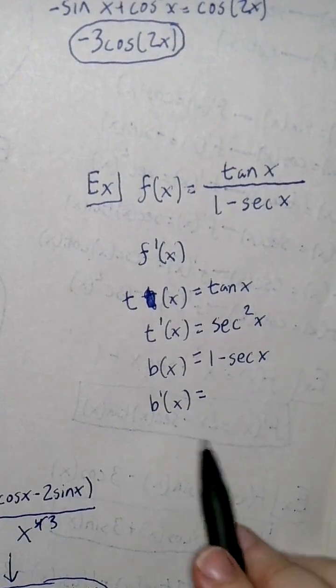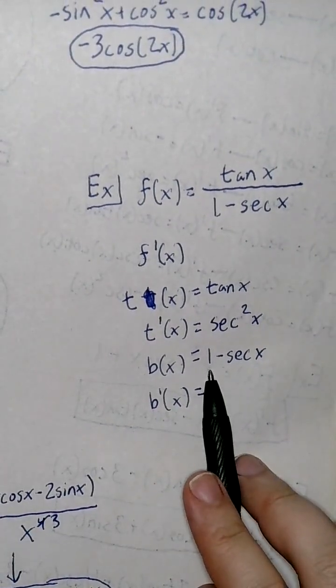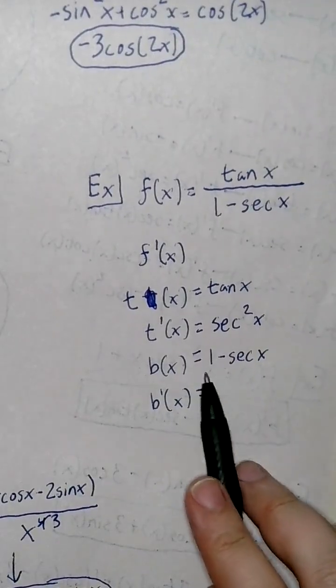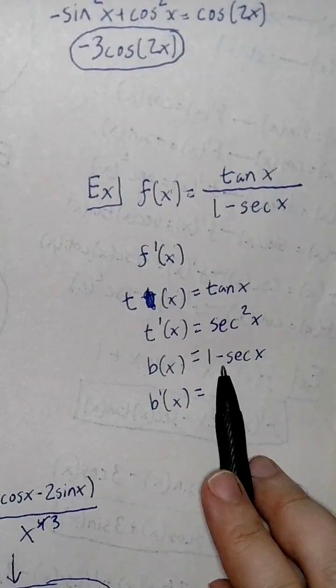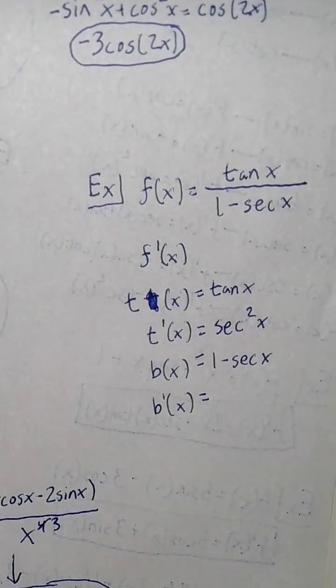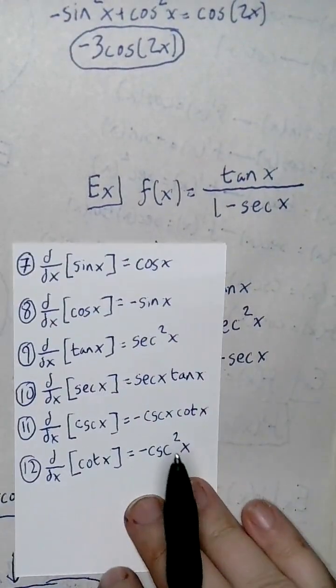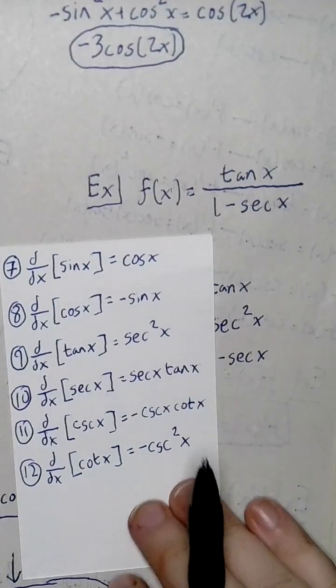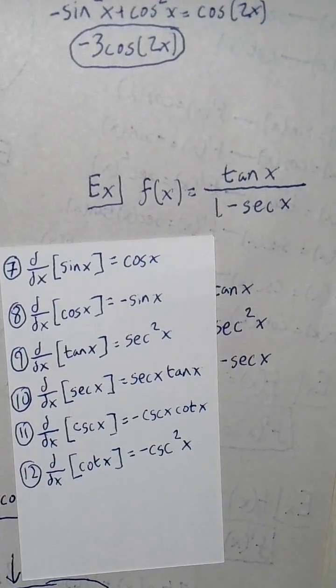Remember that, do we agree that the derivative of a constant is 0, so that goes away. So now all I'm left with is just the derivative of negative secant. If we look here, what's the derivative of secant?